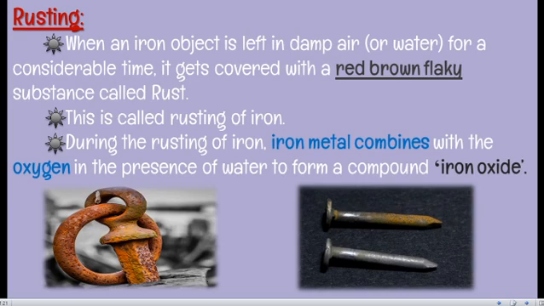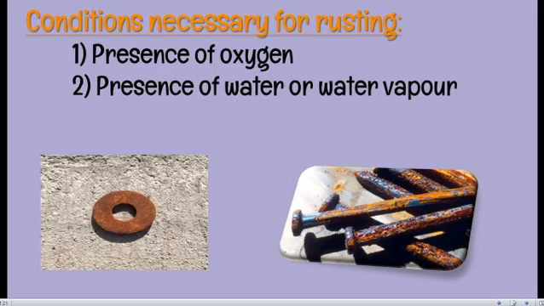After reacting with water or moisture in the presence of oxygen, iron gives rust, that is Fe2O3, iron oxide or ferric oxide. Iron is represented by the symbol Fe, oxygen is O2, water is H2O. So it gives Fe2O3, that is iron oxide.